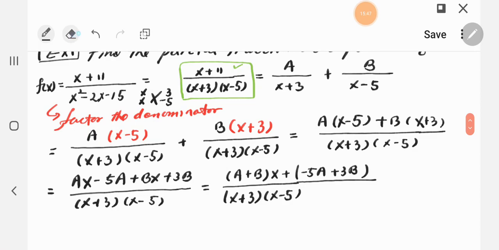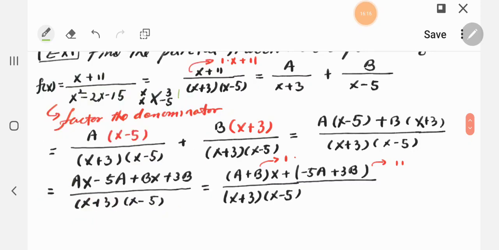So by comparing this one, this means 1x plus 11. So this one should be 1, and this one should be 11.